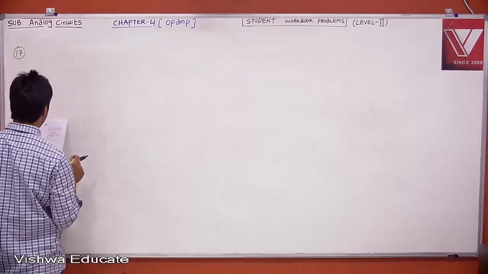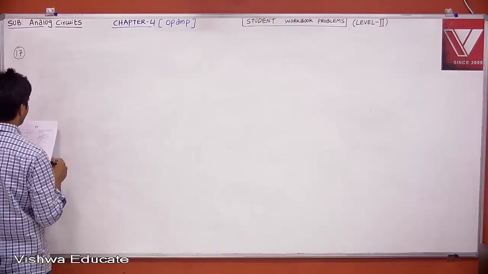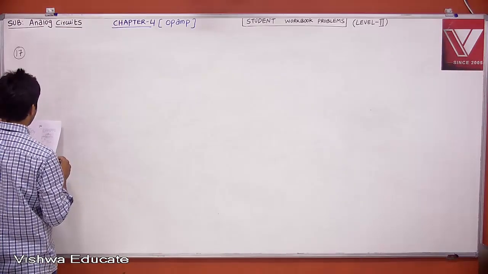In the circuit shown, the op-amp has finite input impedance, infinite voltage gain and zero input offset voltage.